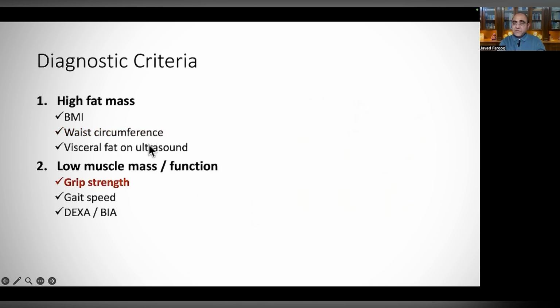Then the visceral fat on ultrasound is the third component of the diagnostic criteria for high fat mass. Now coming to the low muscle mass function, the first component is the grip strength. The cutoff is less than 27 kg for men and less than 16 kg for women.